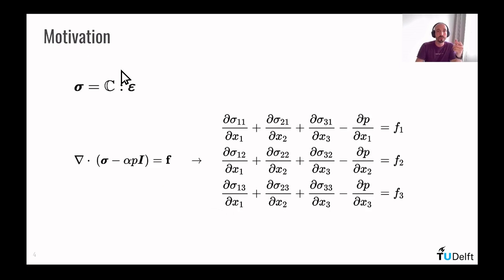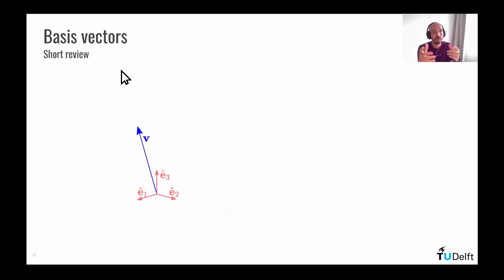So suppose we come up with three vectors e hat 1, e hat 2, e hat 3, all of them pointing to one direction, orthogonal to each other. And this is what we call the basis vectors. And these vectors define different directions. They are all orthogonal to each other.